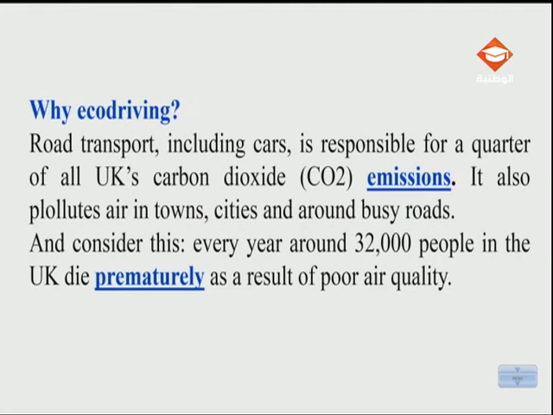It even leads to death. That's right. So it's as dangerous as smoking. Remember that I said smoking already causes many dangerous diseases and leads to death. And of course, poor air quality is responsible for death. And this is premature death. We will understand the meaning of this later on. But the number is shocking, 32,000 people in the UK alone.